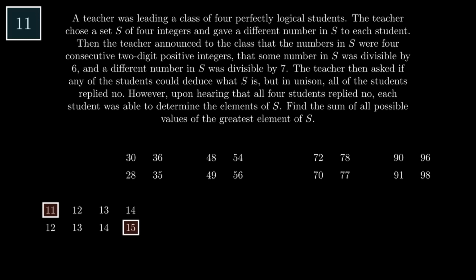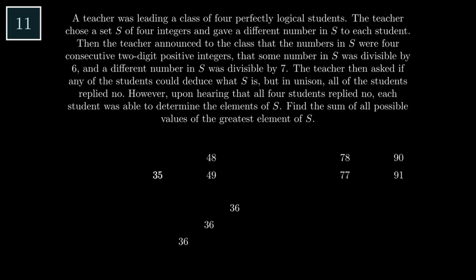So I'll be sure the set S is 11, 12, 13, 14. Same thing goes with 15. I'll be sure that the set S is 12, 13, 14, 15. This means that you cannot have either of those cases. So we eliminate those along with what we have as 28, 30, 54, 56, etc.